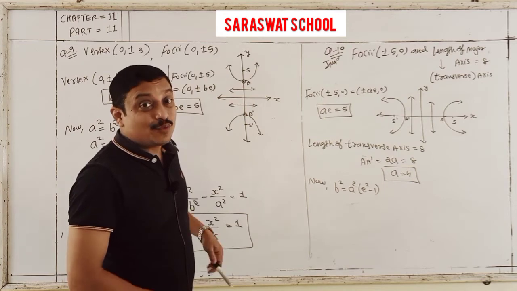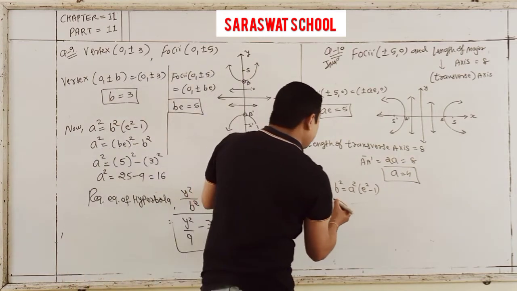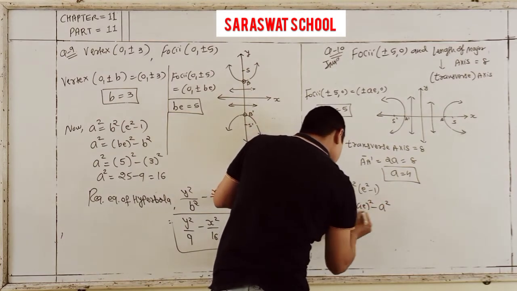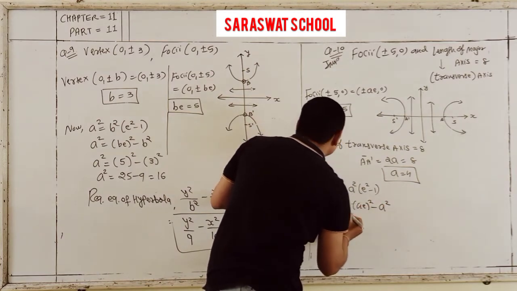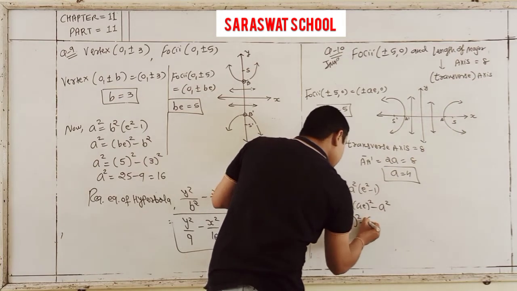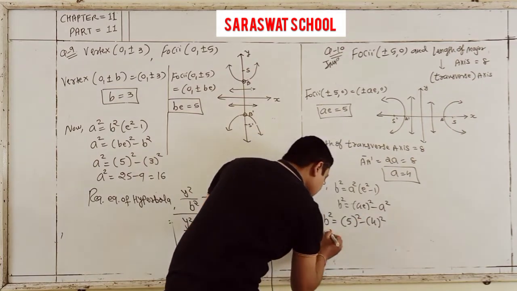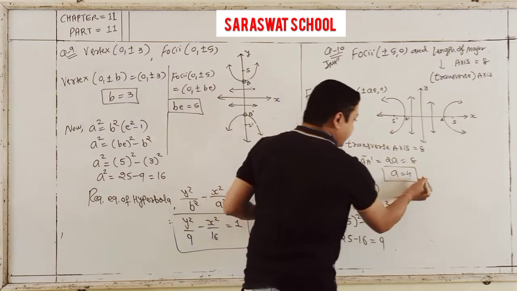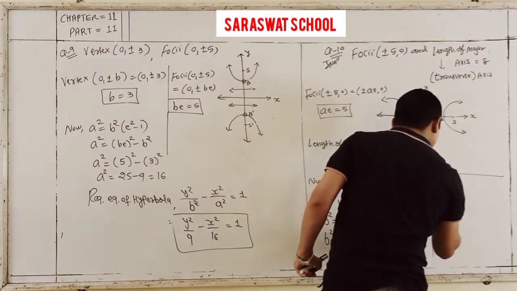Students, apply your values. What is a? One is 5 and the other is 4. Very easily 25 minus 16, it will be 9. Therefore, the equation of the hyperbola.